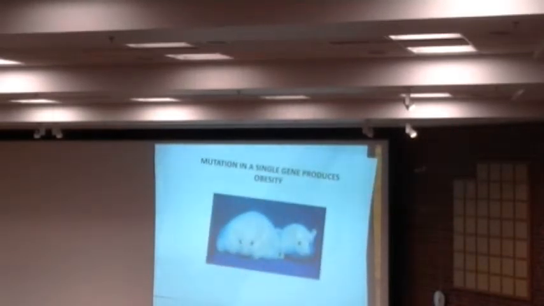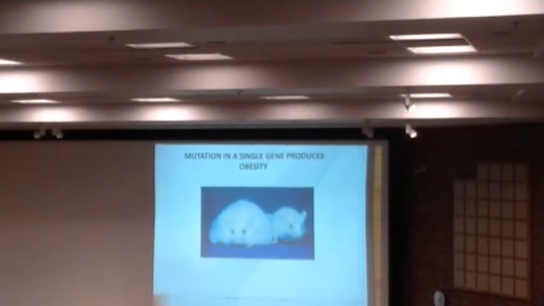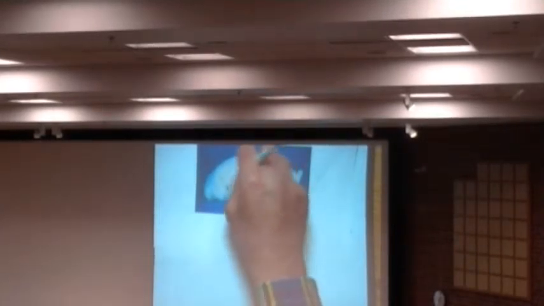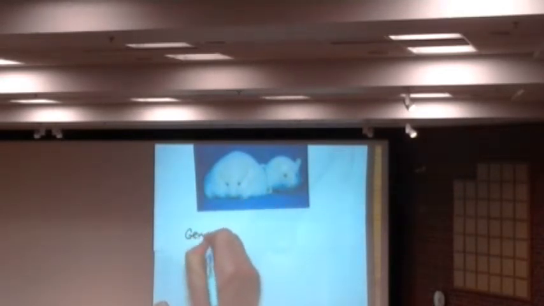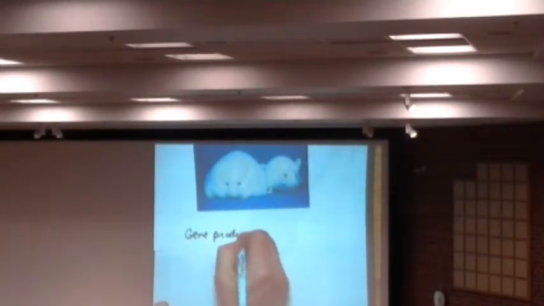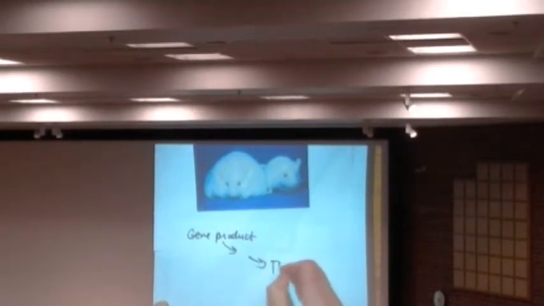Now, this strain of obese mice arose from a mutation in one gene. A mutation in one gene led to this particular strain of mouse. Molecular analysis of the gene product, remember, two steps, is a protein.